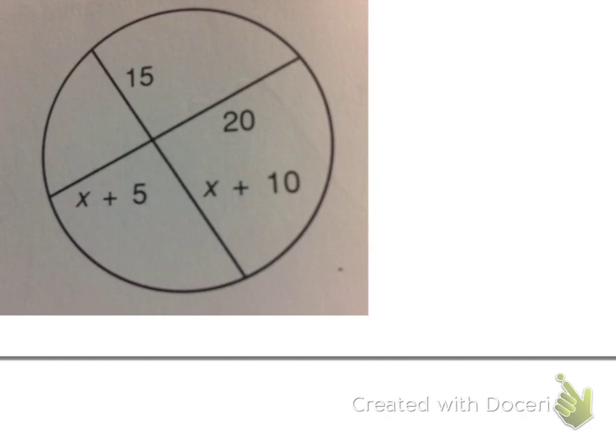Next one. Oof. Okay, this will be the last one we're going to do today. We'll do the quadratic formula tomorrow. This one is talking about the chord segments. So what can we say about this?